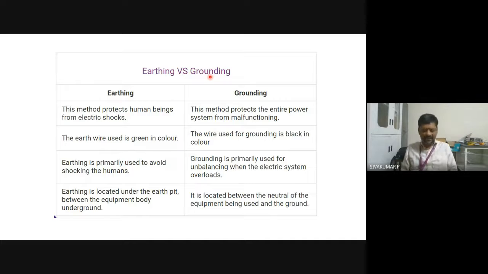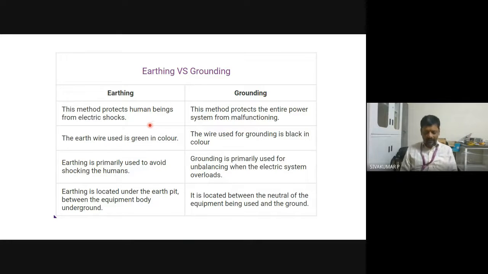What is meant by earthing? What is meant by grounding? We are going to see that practically it is something different, but first, I am going to explain it theoretically. So, earthing. This method can protect human beings.